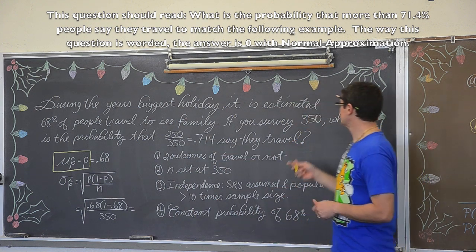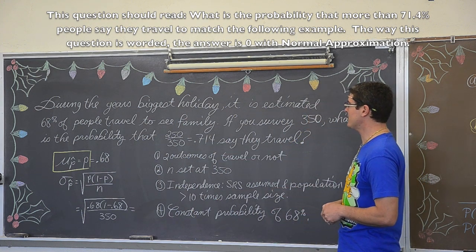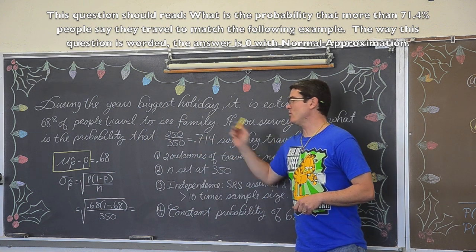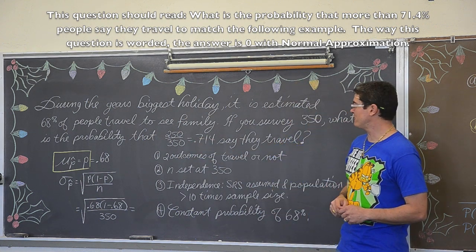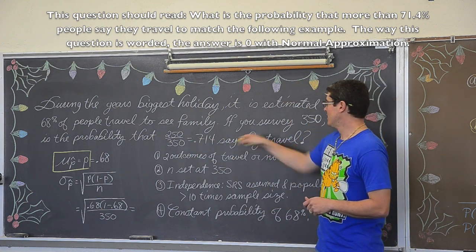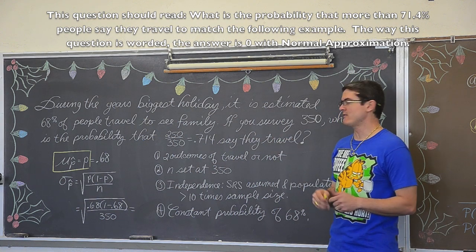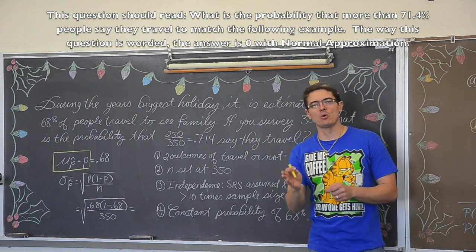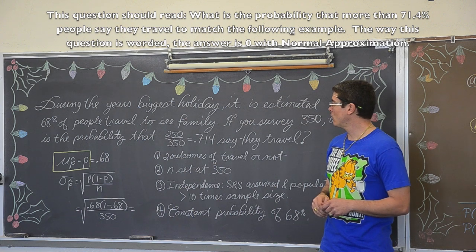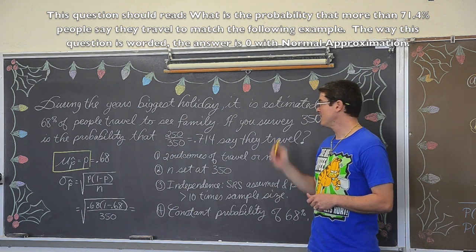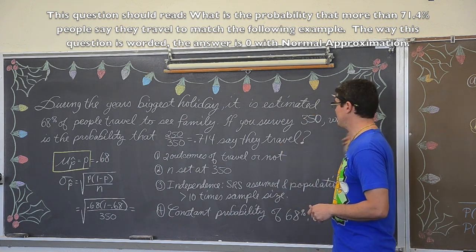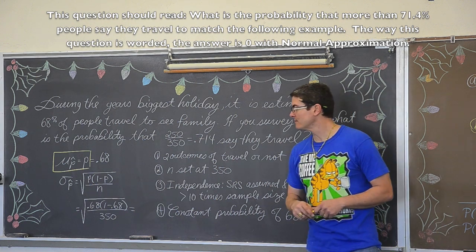So, if you survey 350 people, what is the probability that 71.4% or 0.714, the proportion of people, say that they travel to see family? Should probably just add that in there.